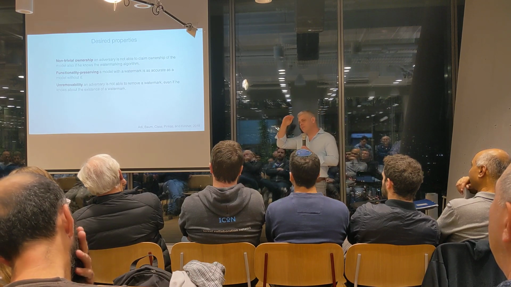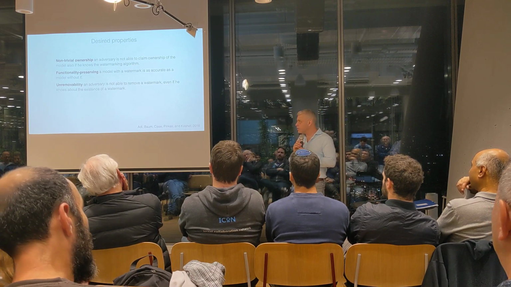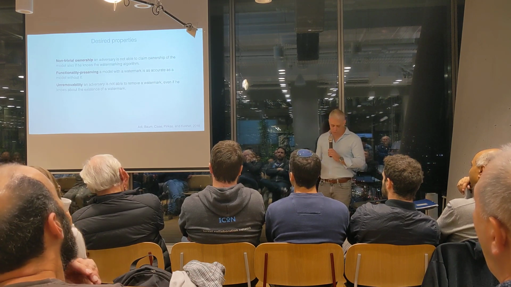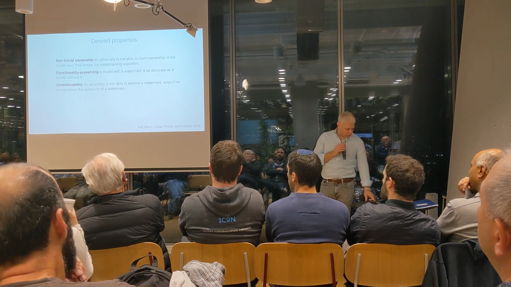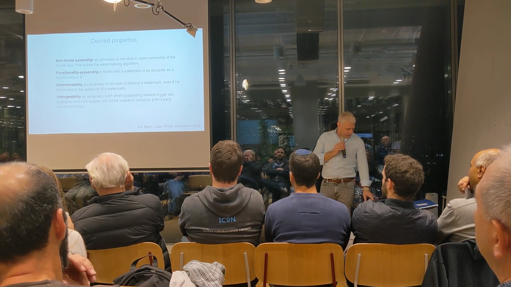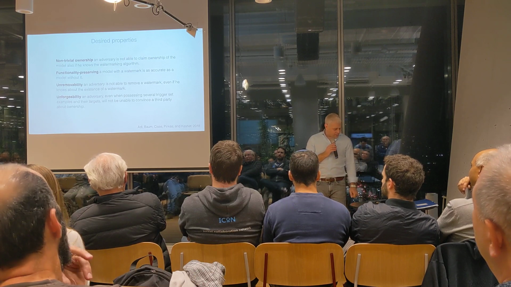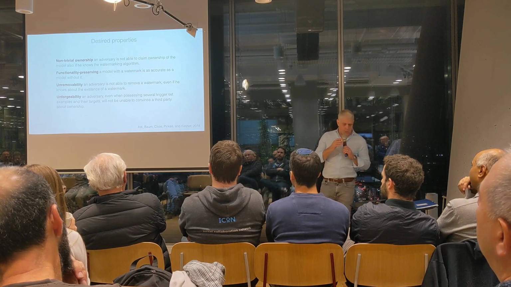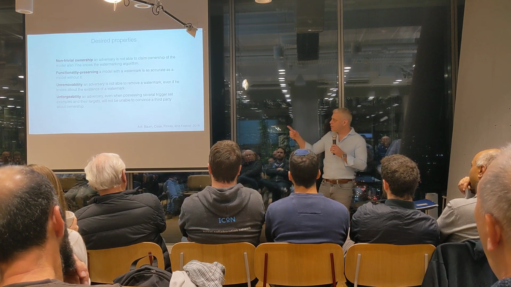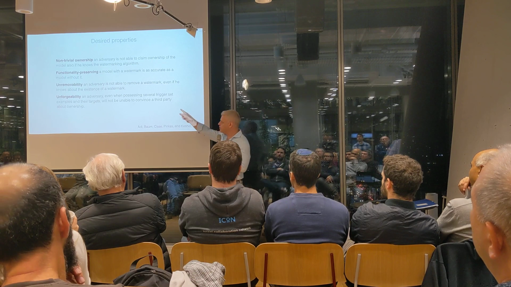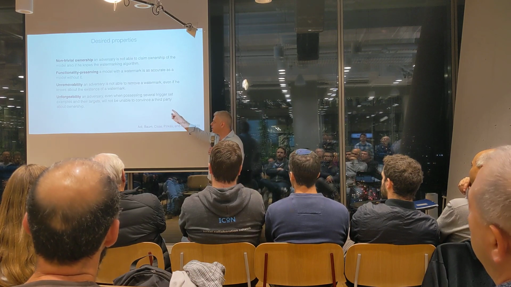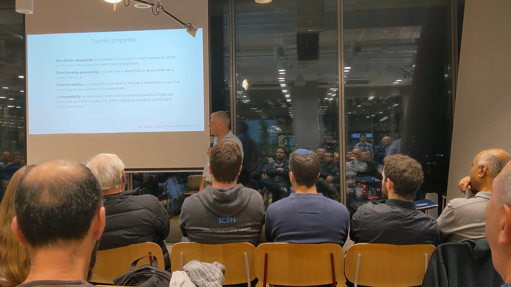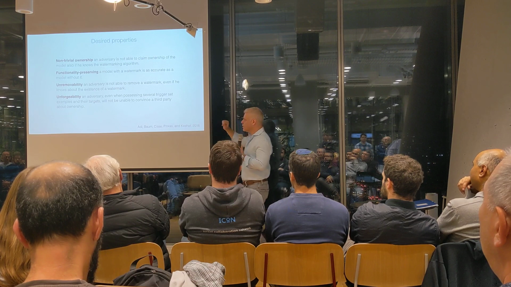So if somebody adapts the last layer, we don't want the watermark to go away. Or if somebody does some hacks on the model, we don't want the watermark to be removed. The last property is unforgeability, which means that we have some mechanism to present only part of the trigger set in court or to a third party, and then convince the other party that we actually own the model.